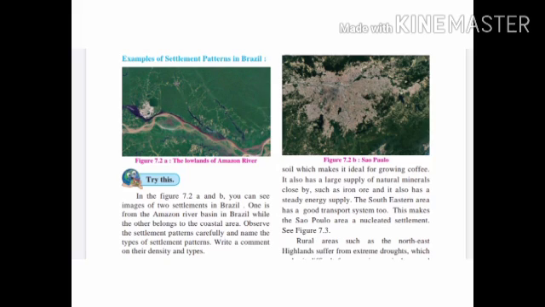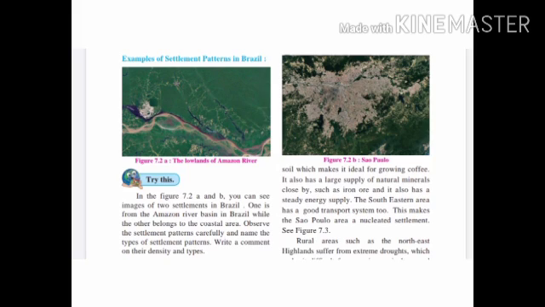It also has a large supply of natural minerals close by, such as iron ore, and a steady energy supply. The southeastern area has a good transport system too. This makes the Sao Paulo area a nucleated settlement.